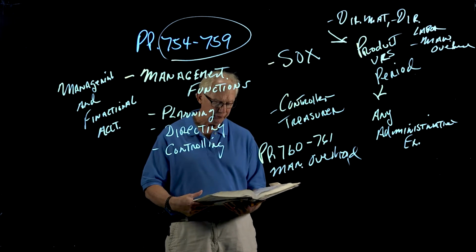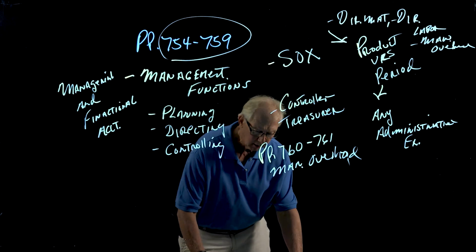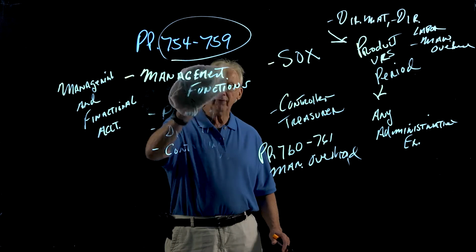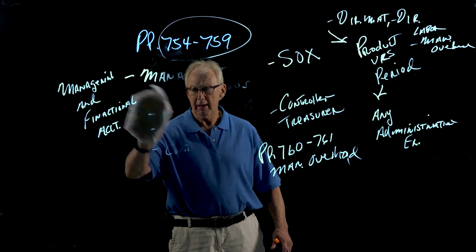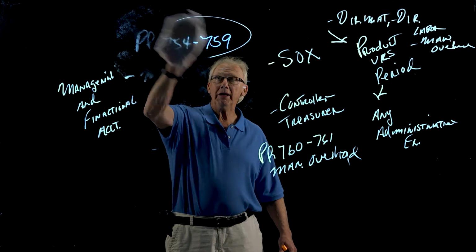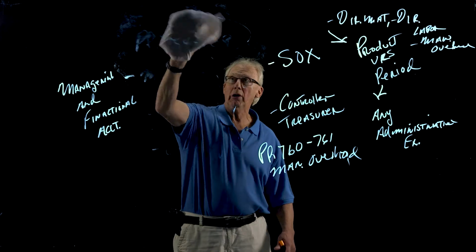Now, in the chapter, we have a new statement. It's called the cost of goods manufactured statement. And I'm going to put up on the board here just an overview of how this statement should look.